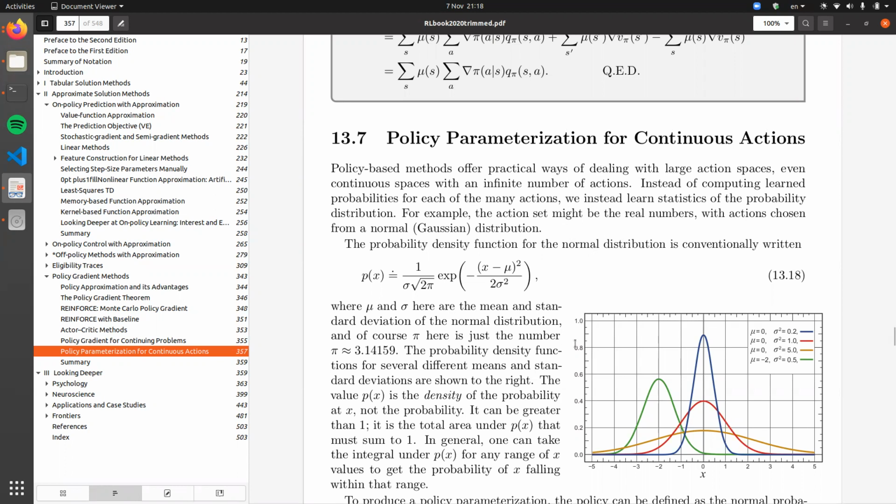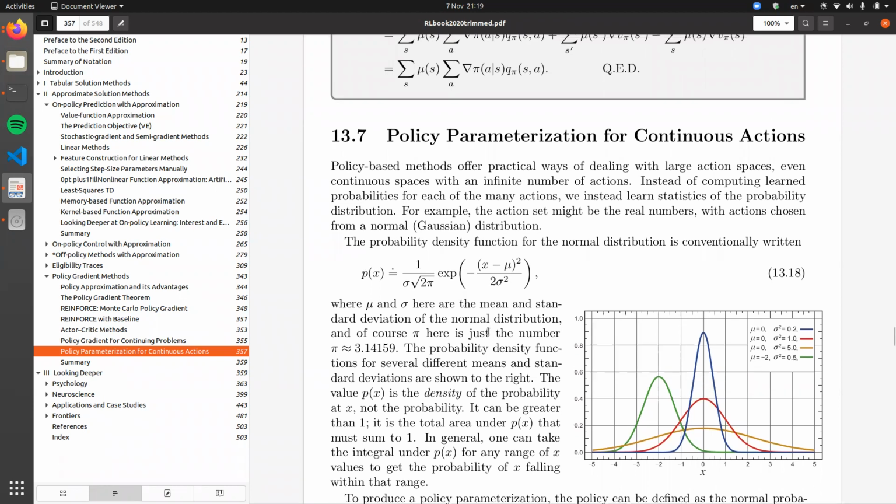You might remember that it is not obvious how to apply, for example, a value function based method when we have a continuous action space, because it might not be trivial to learn the action value function in that case.